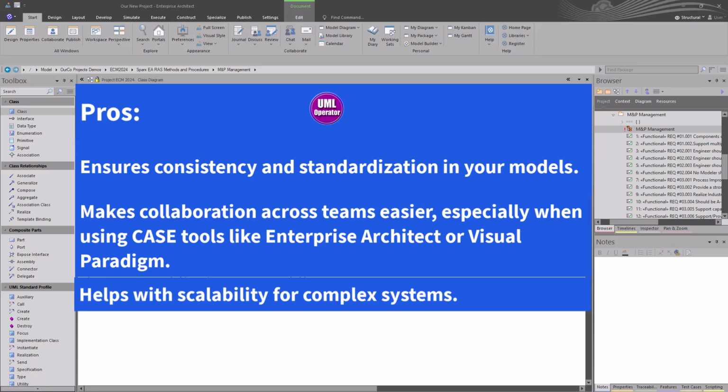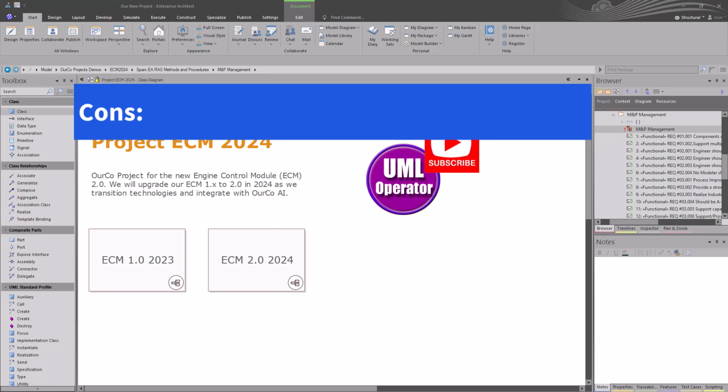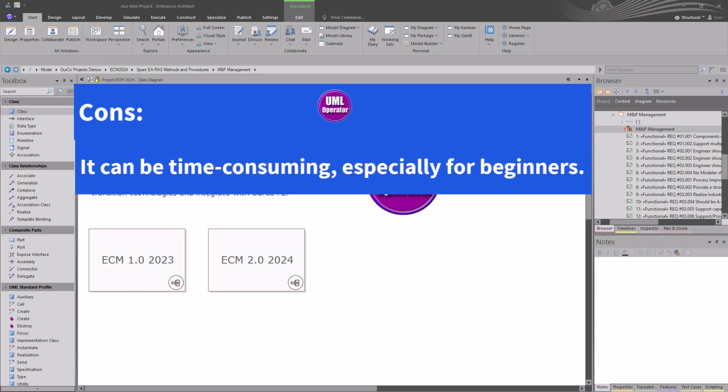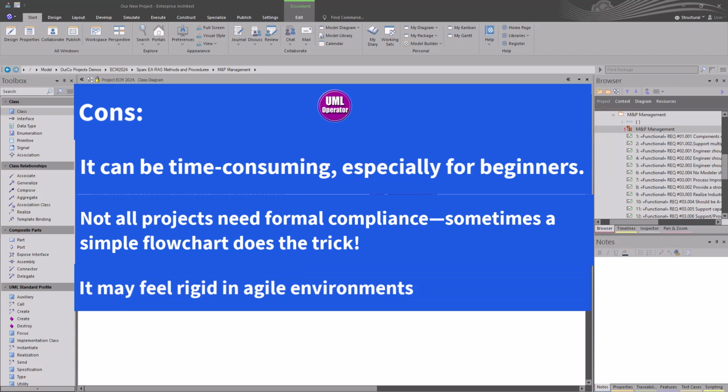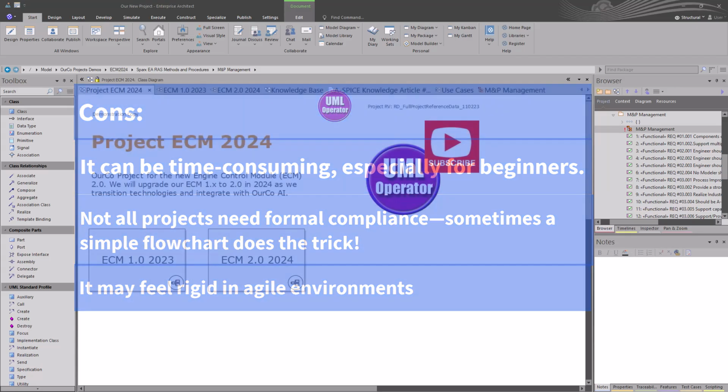It also helps with scalability for complex systems. On the flip side, the cons: it can be time-consuming, especially for beginners. Not all projects need formal compliance. Sometimes a simple flowchart does the trick. It may feel rigid in agile environments and delivery.